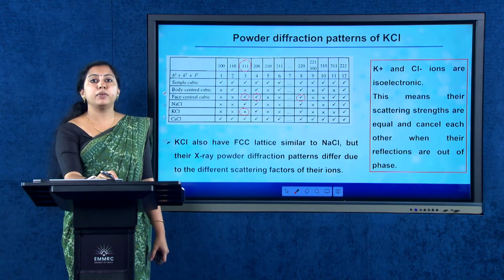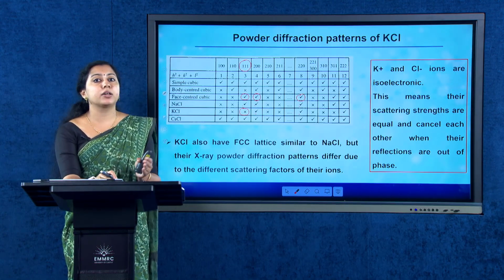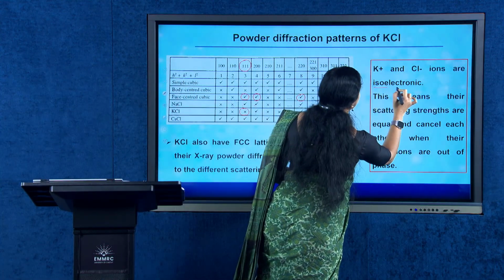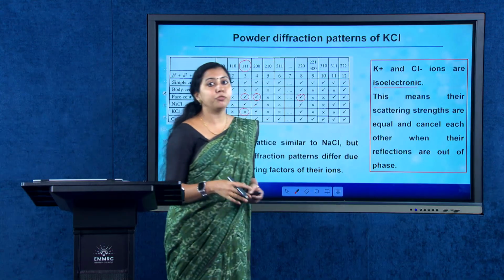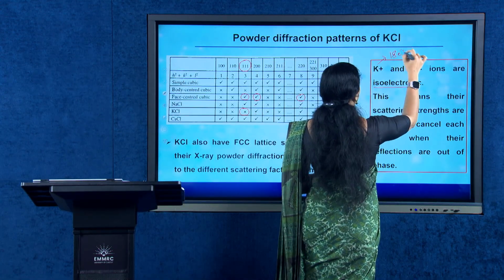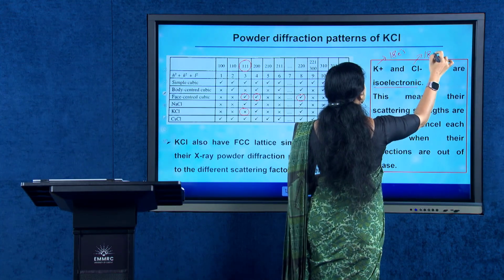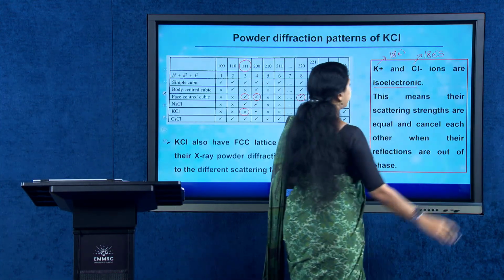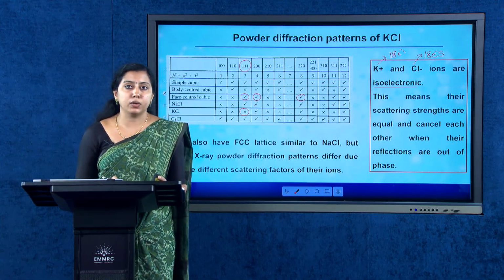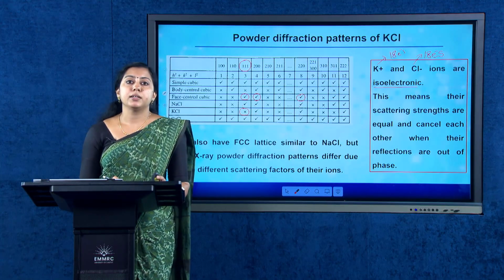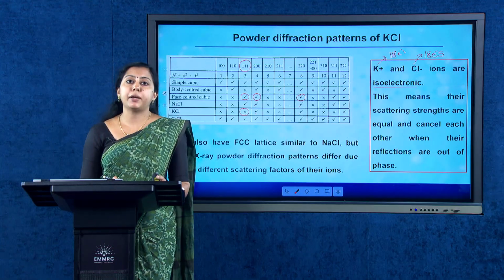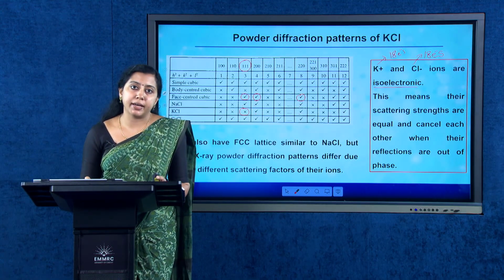In KCl, we know that the K plus ion and the chloride ion are isoelectronic, and isoelectronic means they have the same number of electrons. K plus has 18 electrons, chloride ion also has 18 electrons. So, that means their scattering strengths are equal. The strength of scattering of X-rays depends upon the number of electrons in an atom.